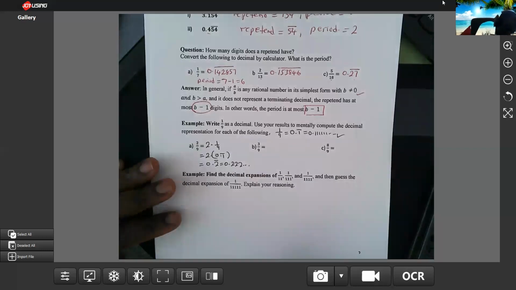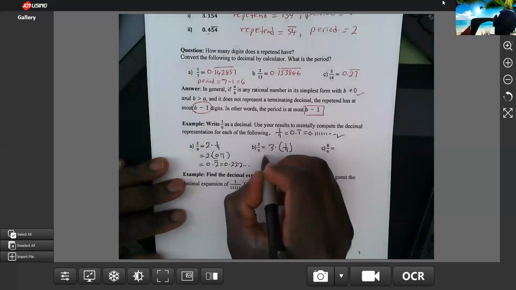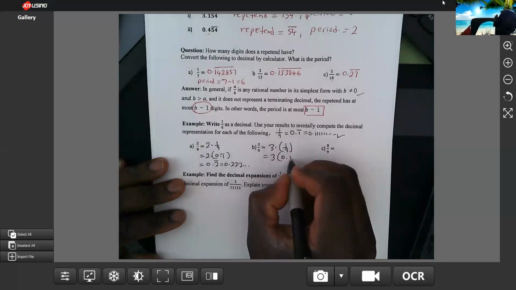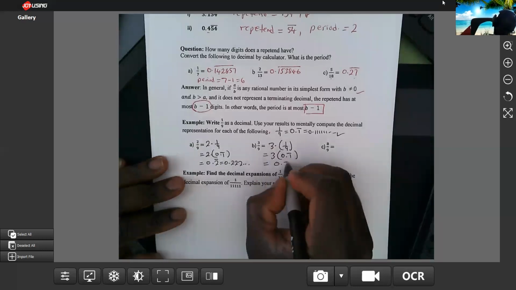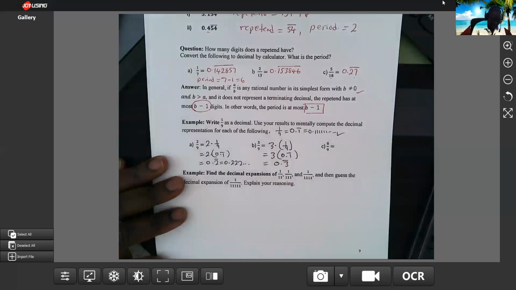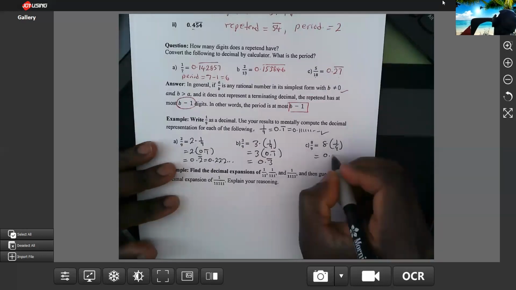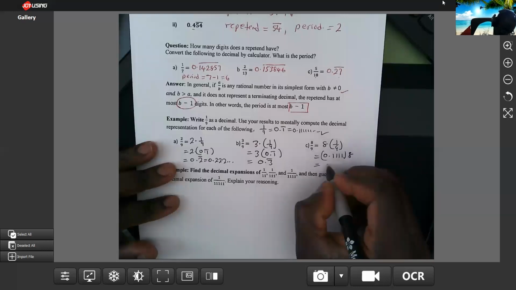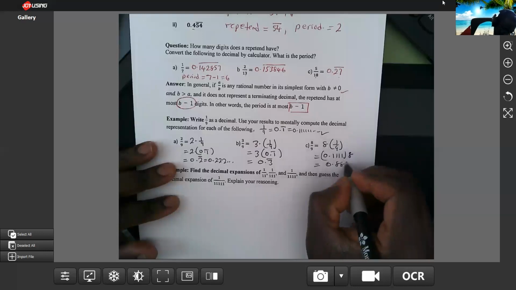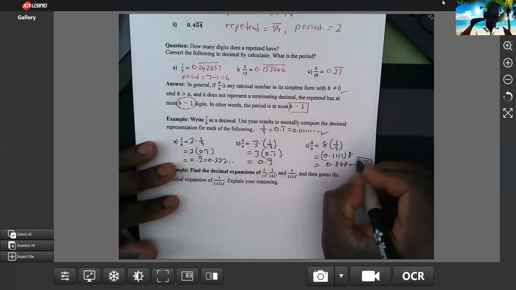That is 3 times 1/9, which is 3 times 0.111111, equal to 0.333333. Similarly, 8/9 is equal to 8 times 1/9, which is 0.11111 times 8, and that gives me 0.888888, keeps going like that.